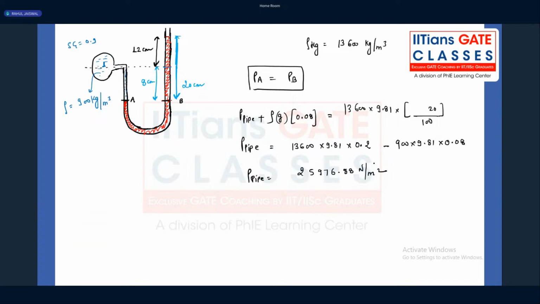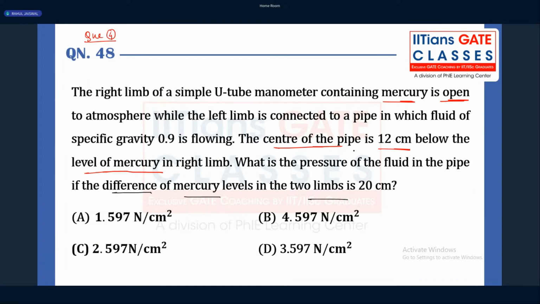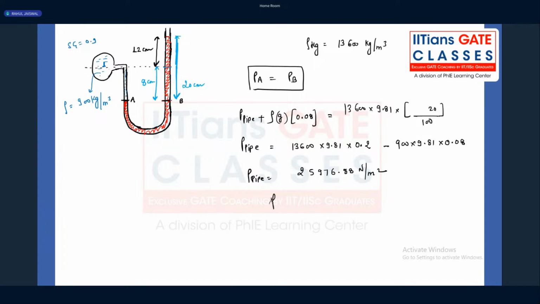Now, they are asking for Newton per centimeter square, so we need to convert. 25976.88. 1 meter will be 100 centimeters, so 1 meter square is 10 to the power 4 centimeters square.